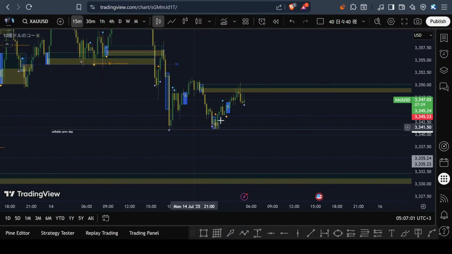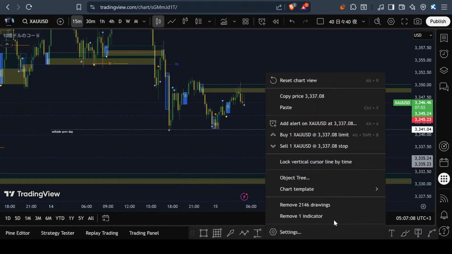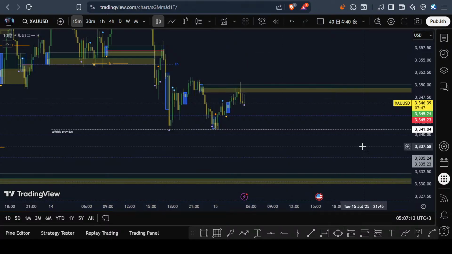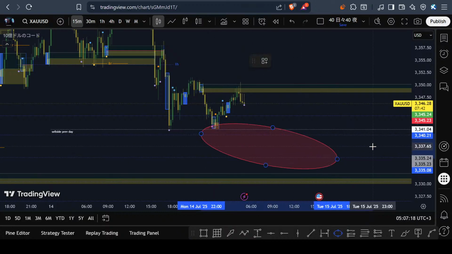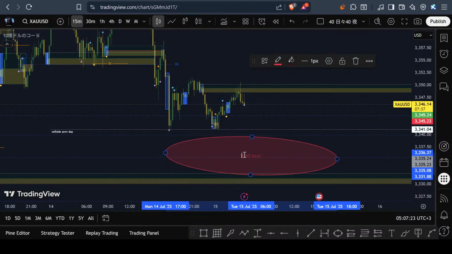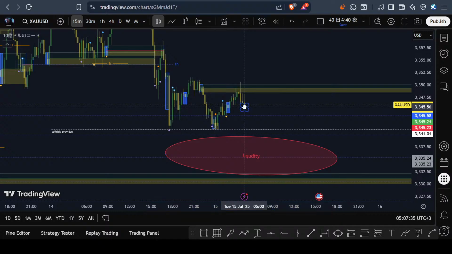is so close to the sell side of the previous day. At this area here, we are having so much liquidity, we can say it can be an ocean of liquidity.